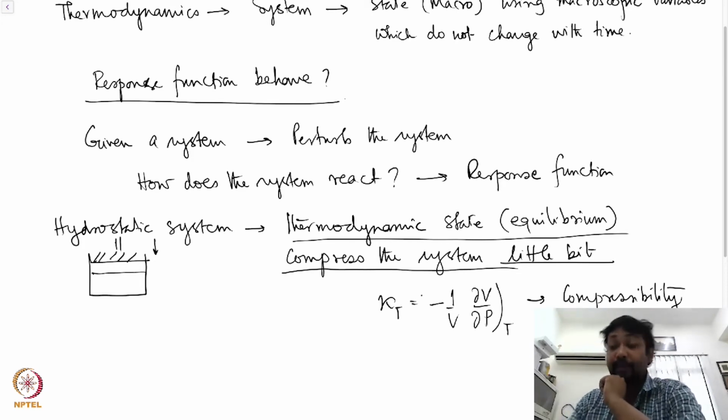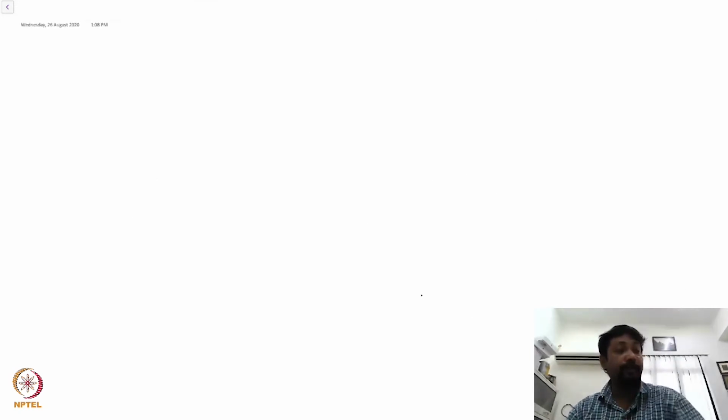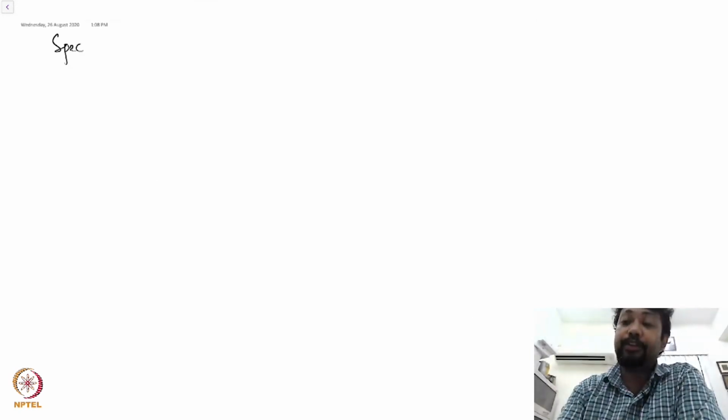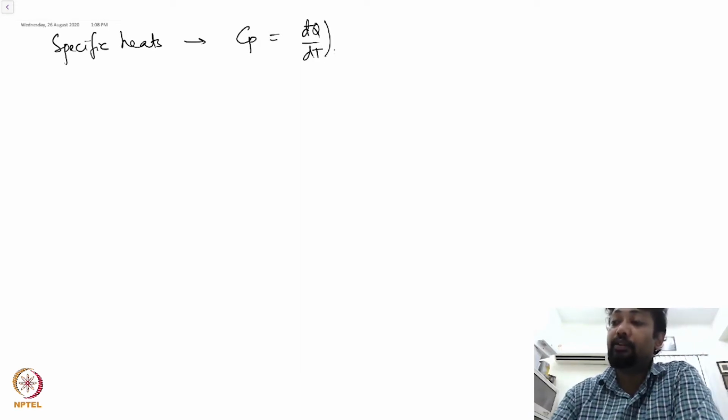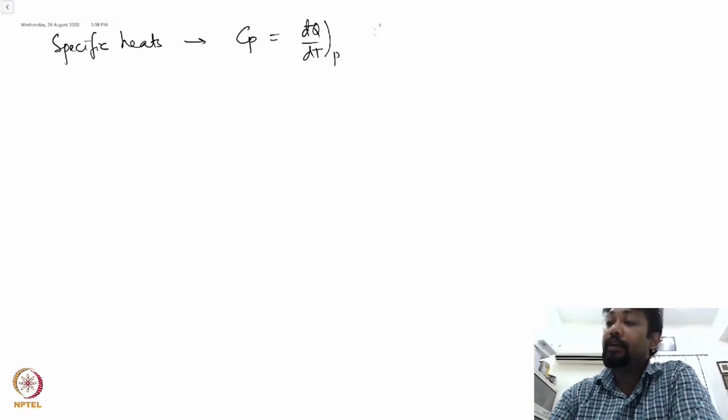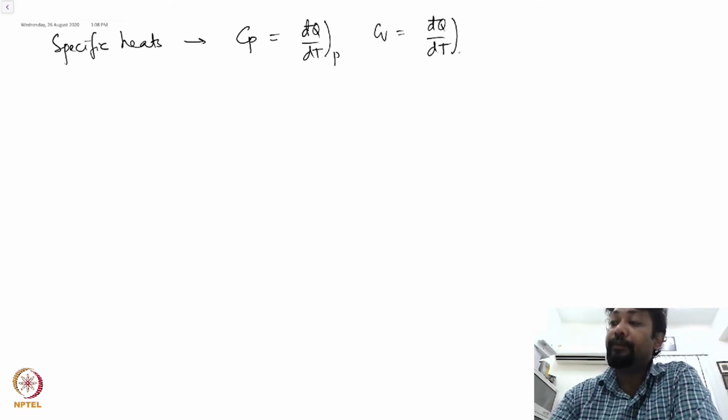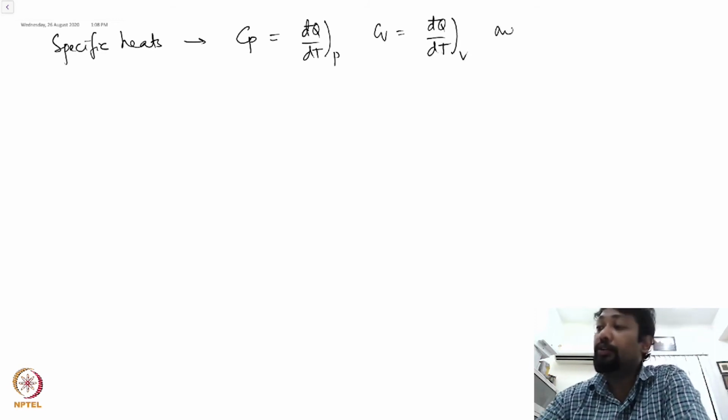Specific heats are also examples of response functions. Specific heats, for example, CP, which is d cut Q, d cut T at constant pressure, and CV, which is d cut Q, d cut T at constant volume, are also response functions.